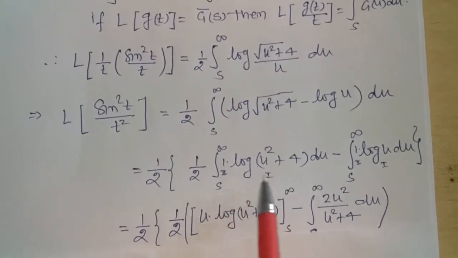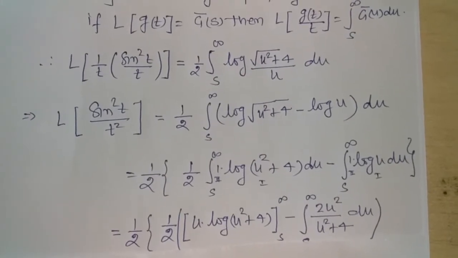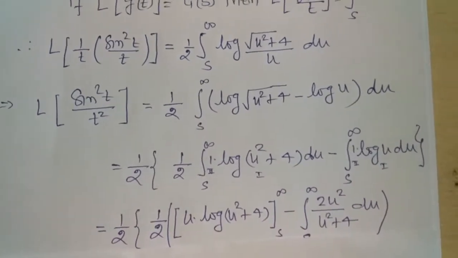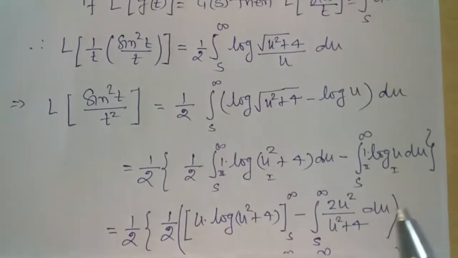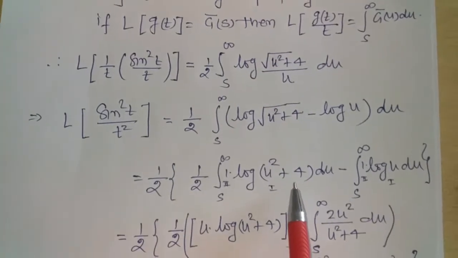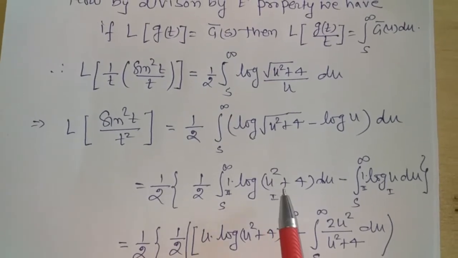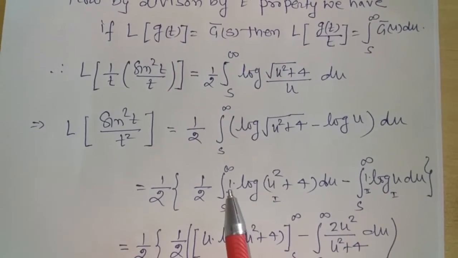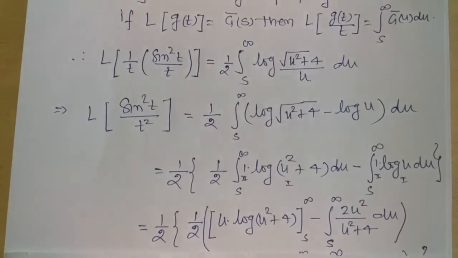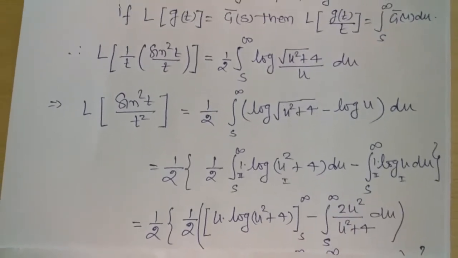The integral of this using the by parts technique: first as it is, log of u square plus 4, integration of second, so integration of 1 is u, limit is s to infinity, minus the integral from s to infinity of the differential of first, so the differential of log of u square plus 4 is 1 upon u square plus 4 into the differential of u square plus 4, which is 2u, multiplied by the integral of second, which is u, so 2u into u is 2u square du. Minus, now we integrate this second integral again by integration by parts.